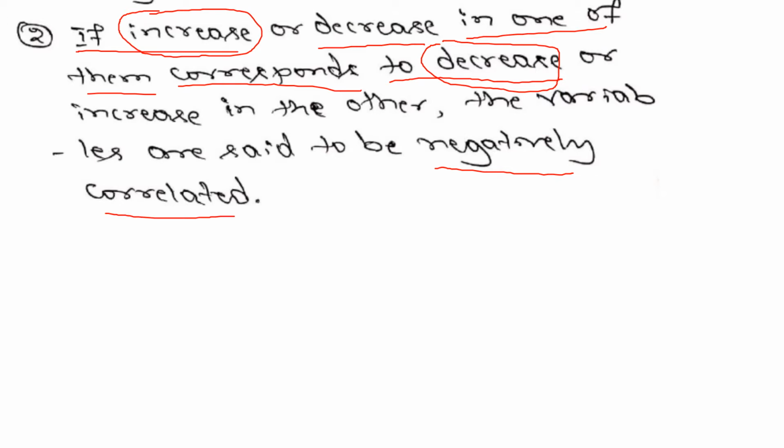That is, x and y are negatively correlated. In the other case as well, when x decreases, y increases, x and y are called negatively correlated.